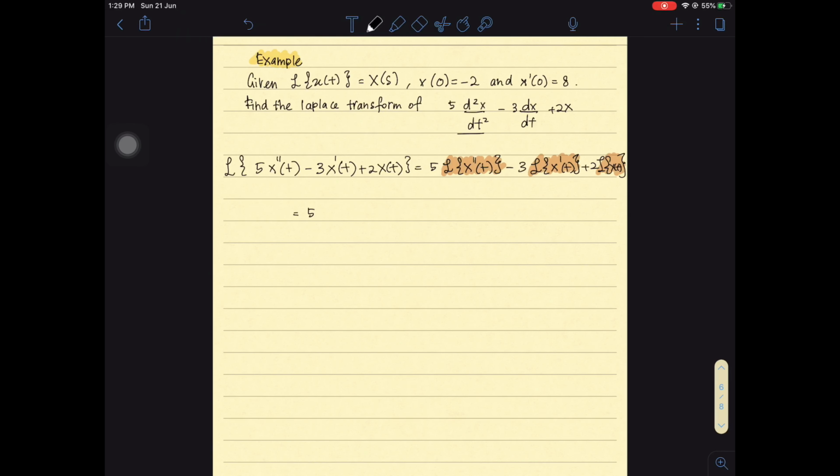What we will have here is 5, and the Laplace transformation of the second derivative of x will be s squared X(s) minus s x naught minus x prime naught. Minus 3, and the Laplace transformation of the first derivative will be s X(s) minus x naught.